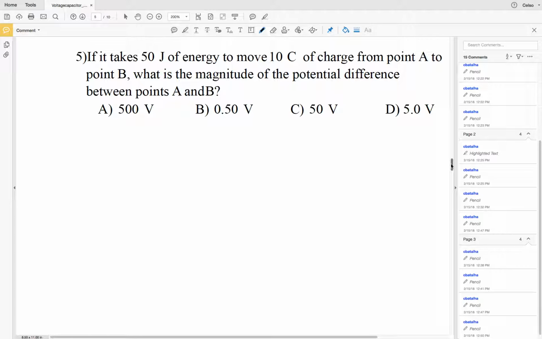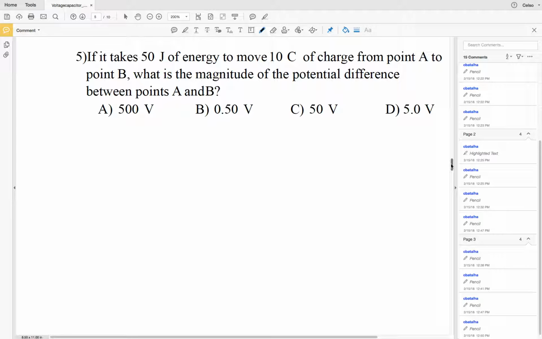Is this problem, at least the development you should do, in any way different from what we've done so far? Just like work equals QV, and then we have the work. When you read this problem, it has 50 joules.